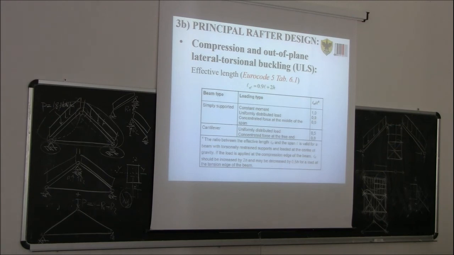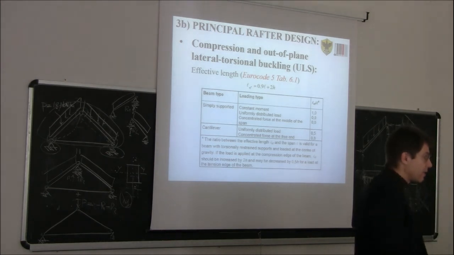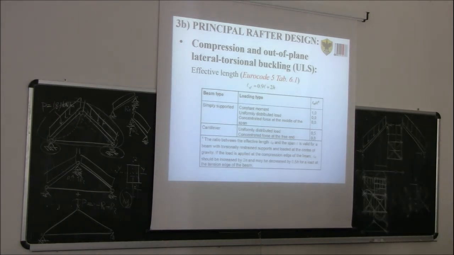If you do so, this can provide some bracing to hold the roof. And in this case, we can also say that the length L becomes basically zero, so our rafter is supported along the whole length.